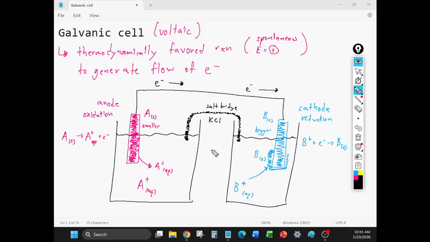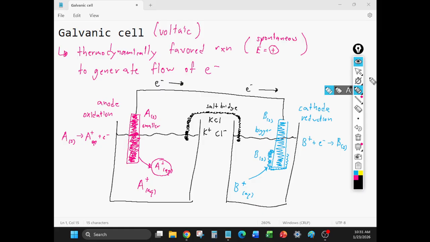And what this does is it's going to basically balance out what's happening in the galvanic cell. So if you take a look at the anode, you guys can see that it's going to become really positive inside of the solution, right? Because the solid metal is going to turn into a cation and dissolve. So to balance out all that positive charge, the salt bridge is made out of a strong electrolyte, KCl, which is made out of K plus and Cl minus.